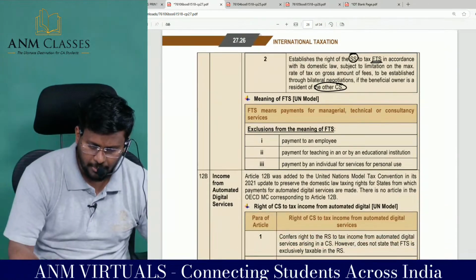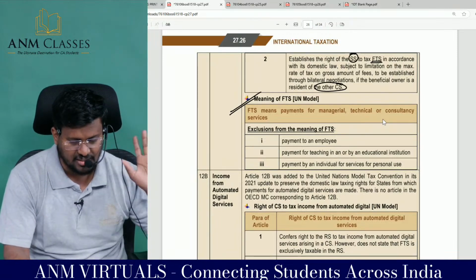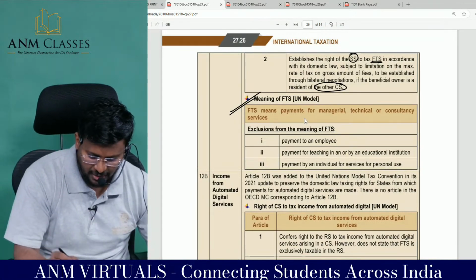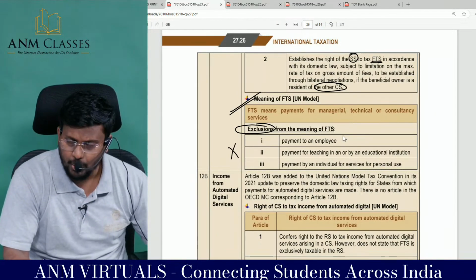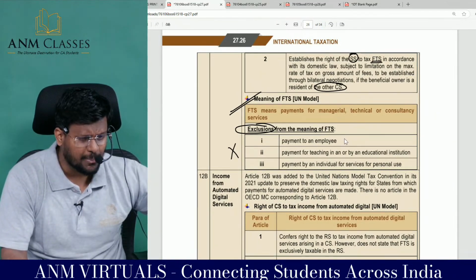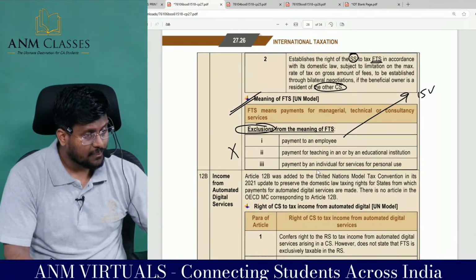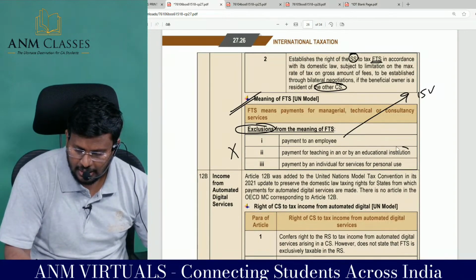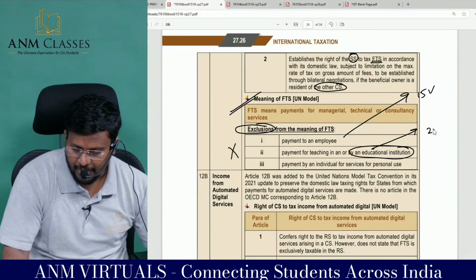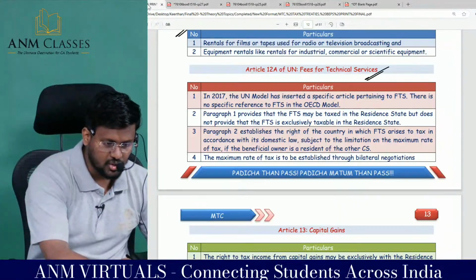Right. What do you mean by FTS? FTS means payment for managerial, technical or consultancy service. But there are exclusions from the meaning of FTS; these are not FTS. Payment to an employee, because you have a separate Article 15, so you don't take it as FTS. Payment for teaching in any educational institution, you have a separate article, Article 20, students.